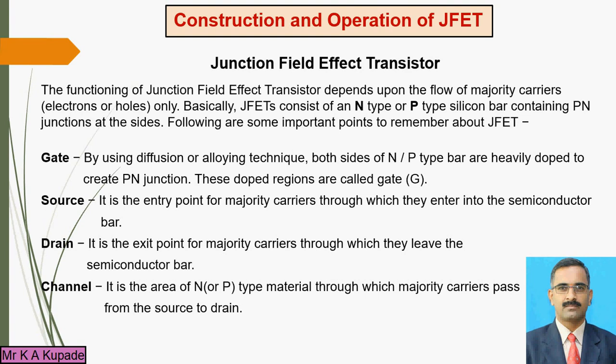Now, the drain is the exit point for the majority carriers through which they leave the semiconductor bar. And the entire area, N type or P type material, through which the majority carriers pass from source to drain is called the channel.